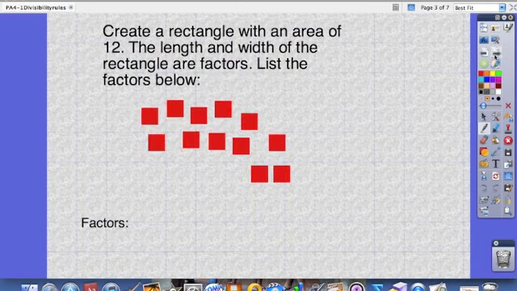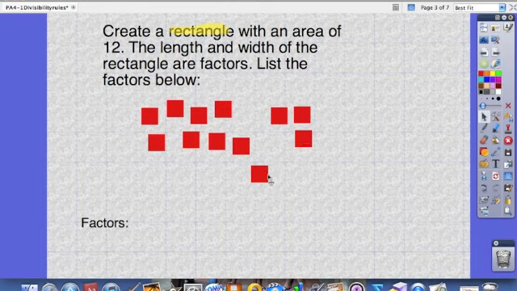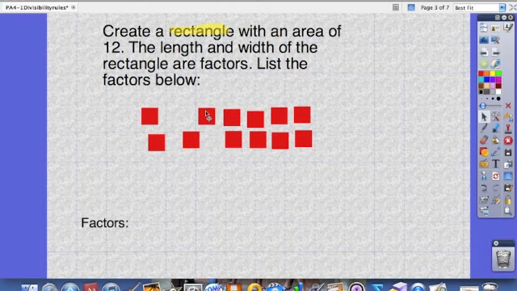Let's start with this first example. When I want to create a rectangle with an area of 12, the length and width of the rectangle are the factors of that number. So if I try to create a rectangle with an area of 12, I need to put all of the unit squares together in a way that will create a rectangle.